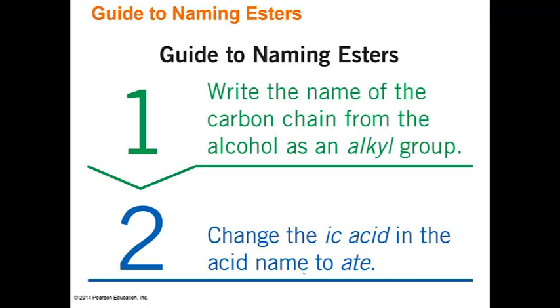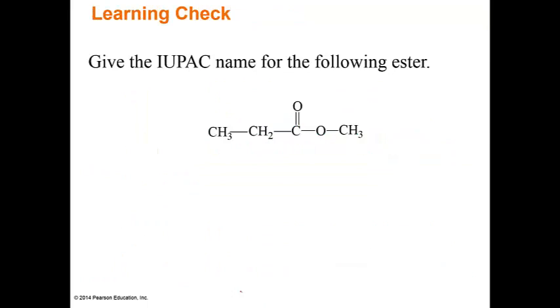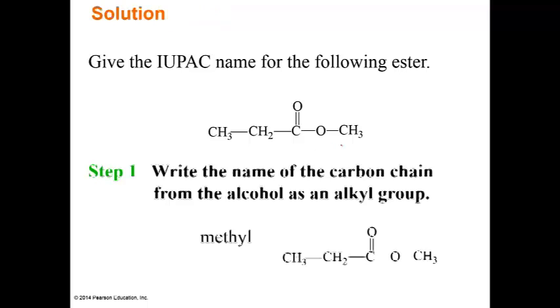So let's write these names. We change the -ic acid in the acid name to -ate. So we've got to start counting, right? The first step is to write the name of the carbon chain from the alcohol as an alkyl group. Well, we'll go methyl, right? Does that make sense? Of course it makes sense.